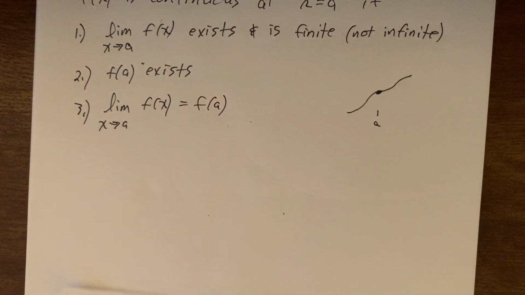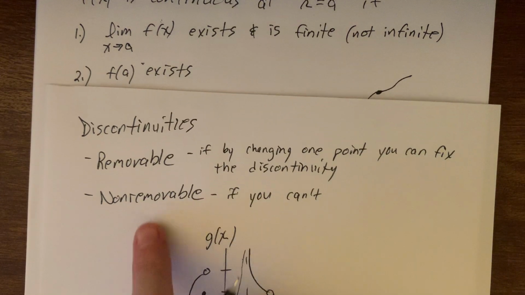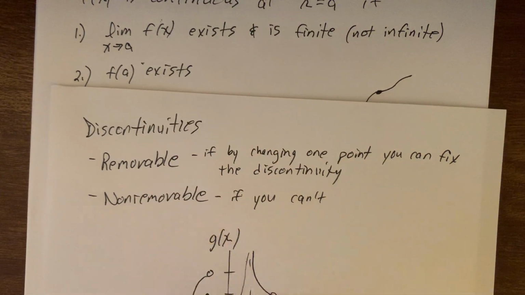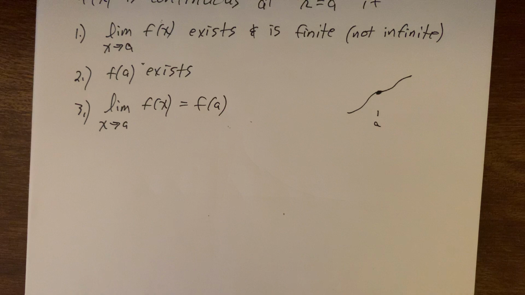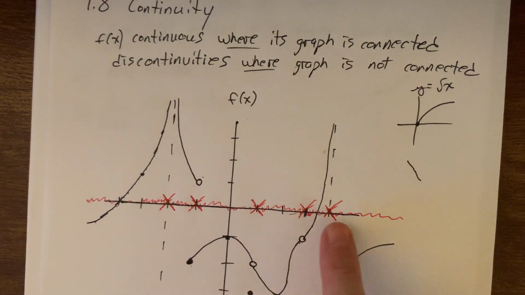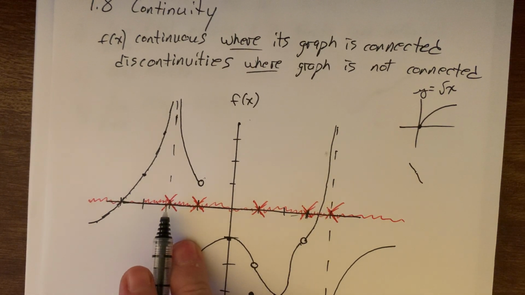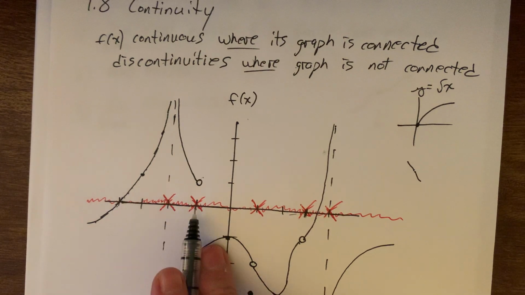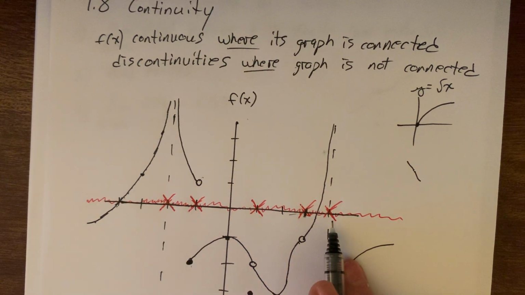That can add a little bit to how we classify removable versus non-removable. Well, so let's see. Non-removable, non-removable, non-removable. And every single one of those failed on step 1. Limit was positive infinity, that's not finite. Limit did not exist, limit did not exist.